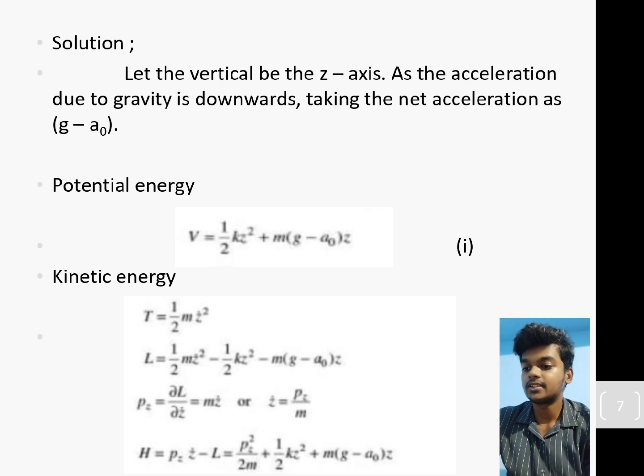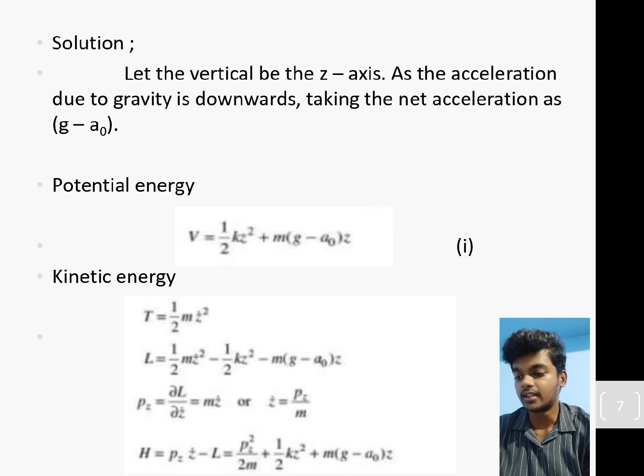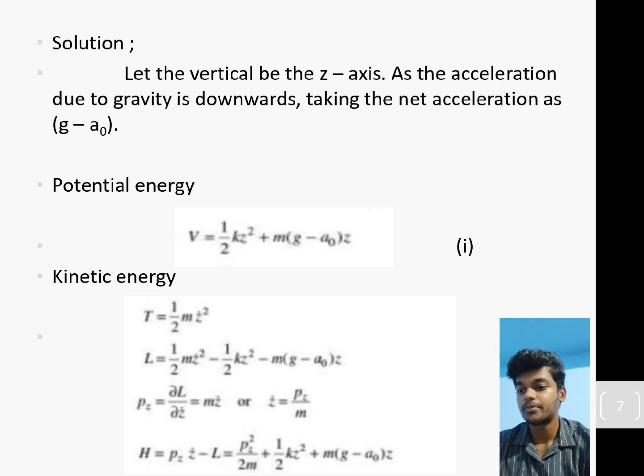So if we differentiate this L with respect to z dot, we will be getting pz equal to dou L by dou z dot equal to m z dot or z dot equal to pz by m. And Hamiltonian will be pz z dot minus L, which will be equal to pz square by 2m plus 1 by 2 k z square plus m into g minus a naught into z.